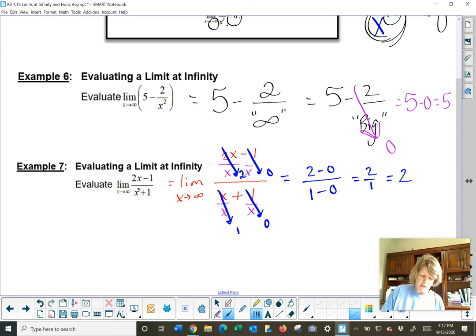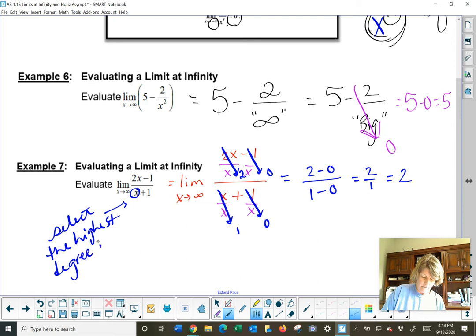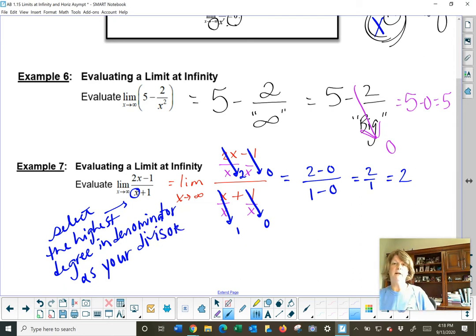So that is the best way, as you select the highest degree in the denominator as your divisor.